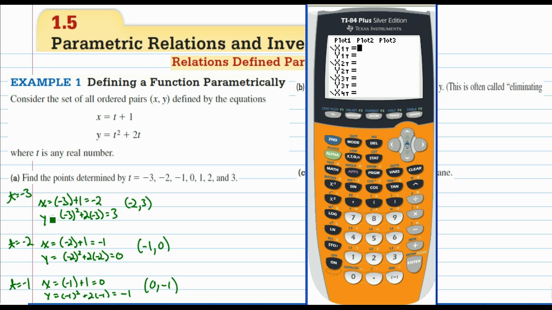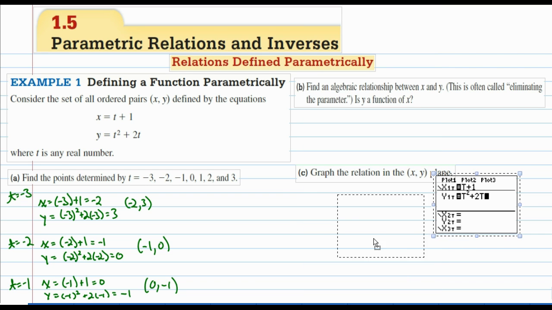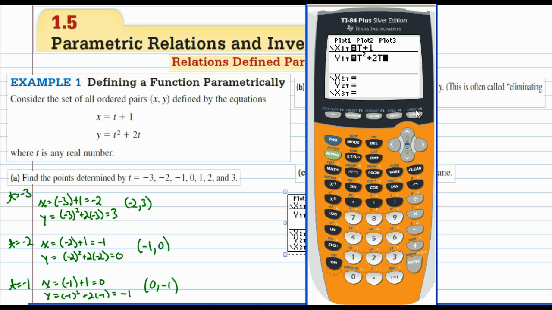So x in this case is t, which is still your x key, plus 1. And then y is t squared plus 2t. And now I can graph that.